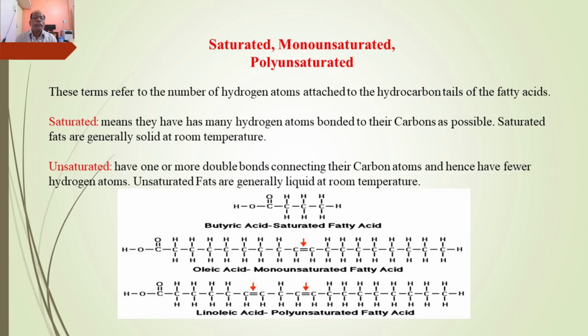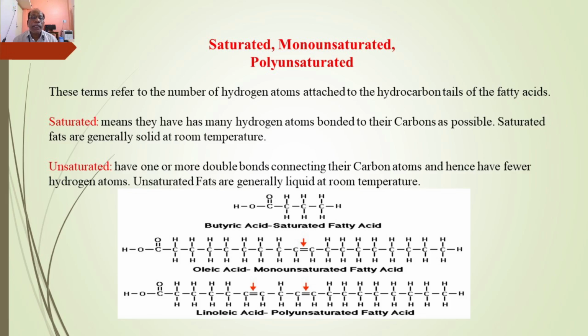Butyric acid, with 4 carbon atoms and hydrogen atoms, is a saturated fatty acid, with many hydrogen atoms bonded to the carbon chain of the fatty acid. Butyric acid is saturated because of the presence of more hydrogen atoms bonded with the carbon atoms.